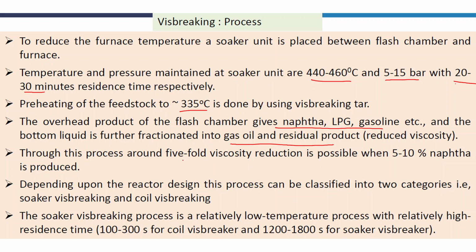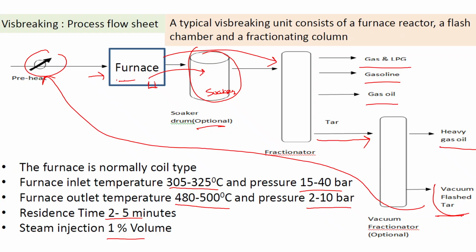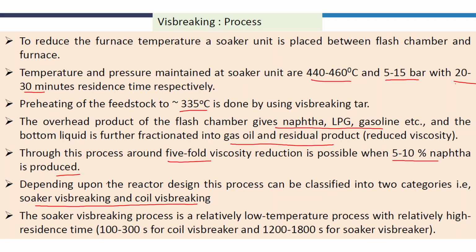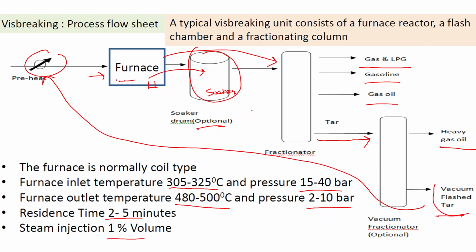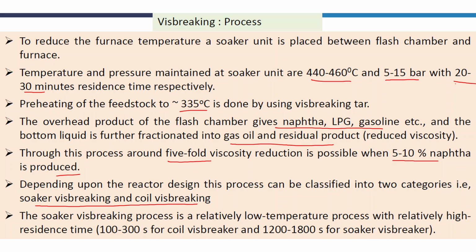Through this procedure, around five-fold viscosity reduction takes place, as I told, since it is visbreaking, up to 5 times when 5 to 10% naphtha is produced. Depending upon the reactor design, this procedure can be classified into two categories: soaker visbreaking and coil visbreaking. So soaker visbreaking is this. Sometimes this soaker drum is used, but sometimes instead of the soaker drum, a coil can also be used to increase the residence time of the feed. The soaker visbreaking procedure is a relatively low temperature procedure with relatively higher residence time.